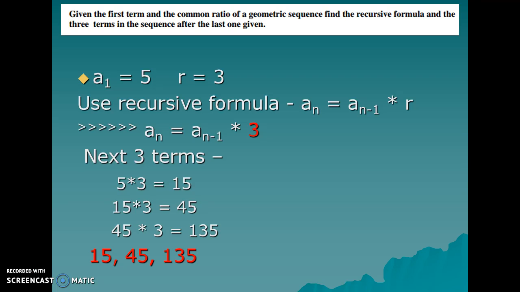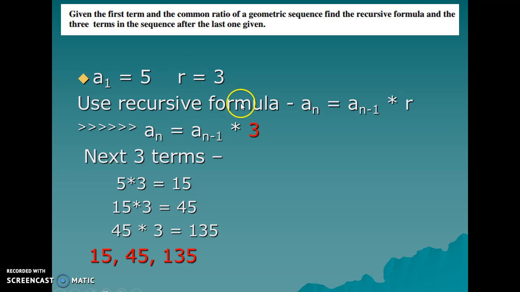Okay, here are some examples for me to do. Given the first term and the common ratio of a geometric sequence, find the recursive formula and the 3 terms in the sequence after the last one. This is what they give you: a_1 is equal to 5 and r equals 3.